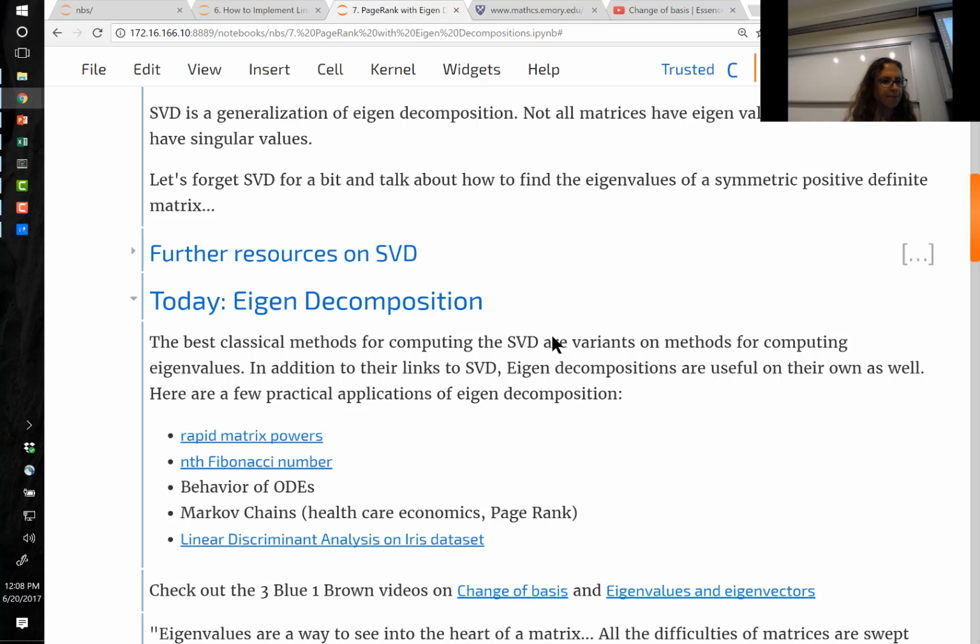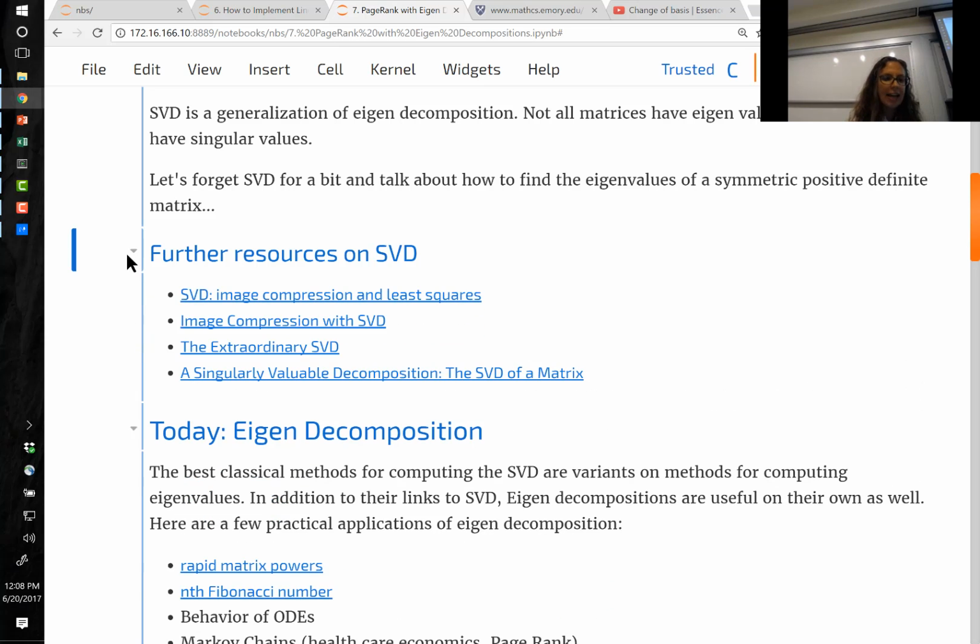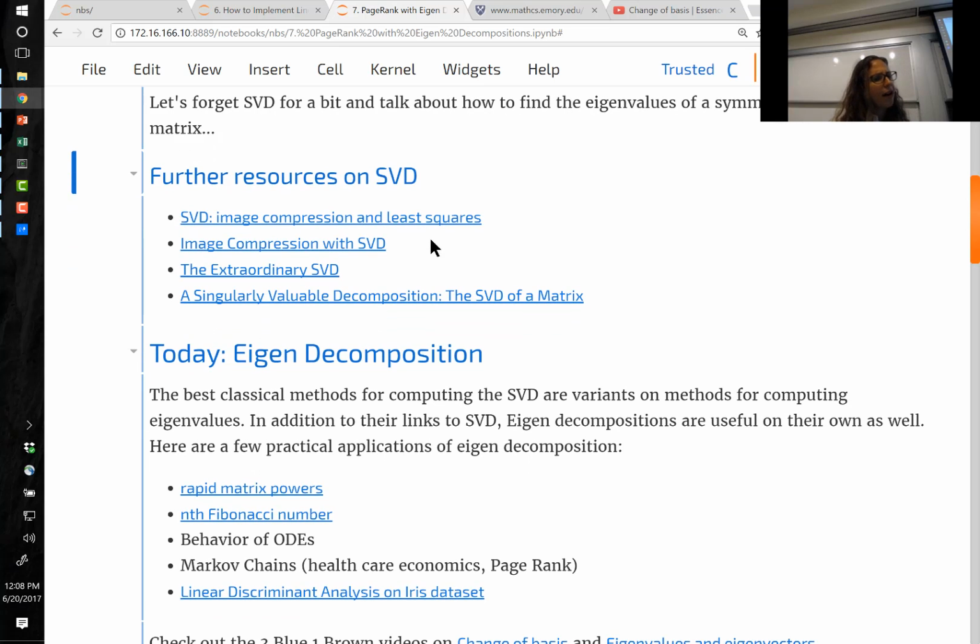Everything we say about eigen decomposition is relevant to SVD, and we've just seen this list of applications of SVD throughout this course. Here I linked to several other resources for more information about SVD.